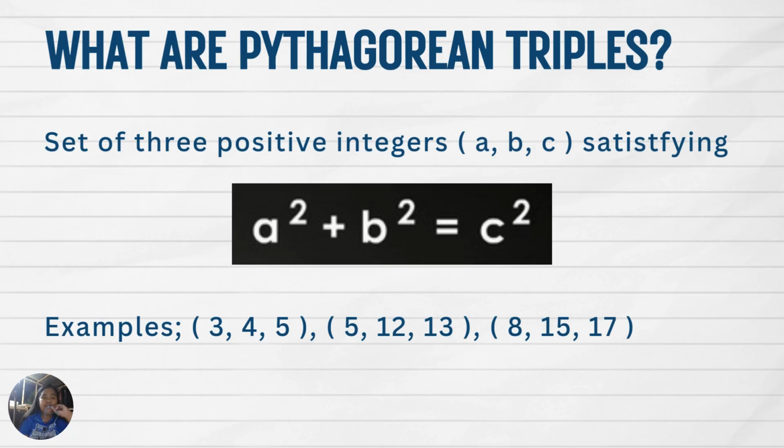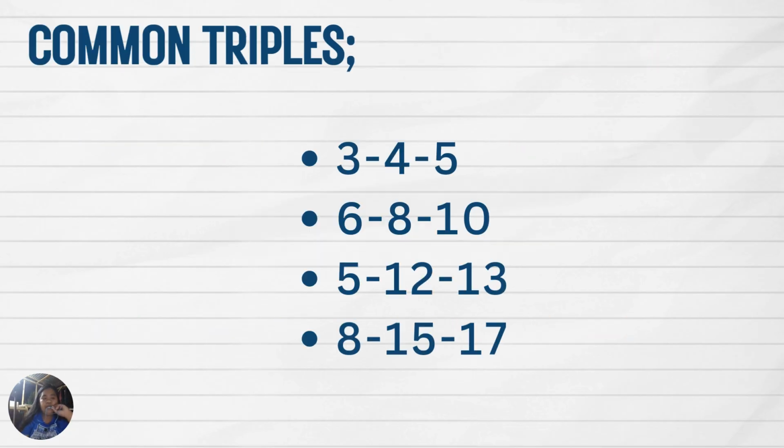So here we have examples 3, 4, 5; 5, 12, 13; and 8, 15, 17. And here we have the common triples, and some of them were already included in the examples. So we have 3, 4, 5; 6, 8, 10; 5, 12, 13; and 8, 15, 17.